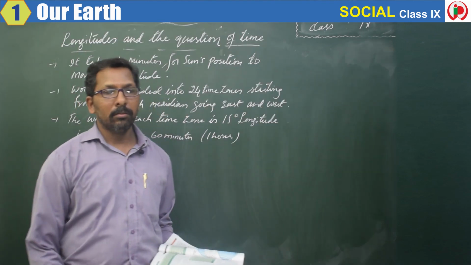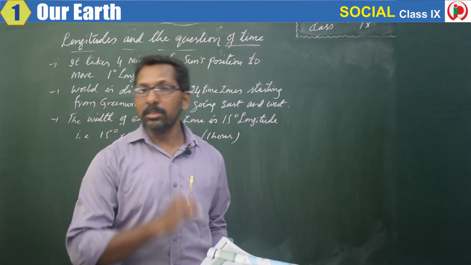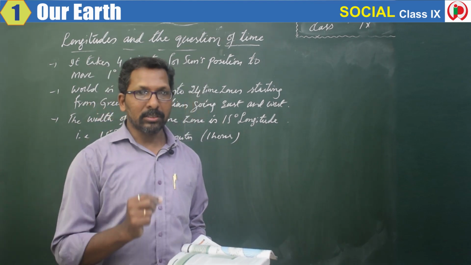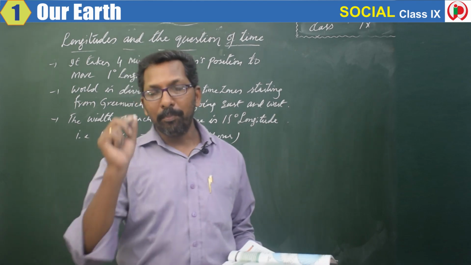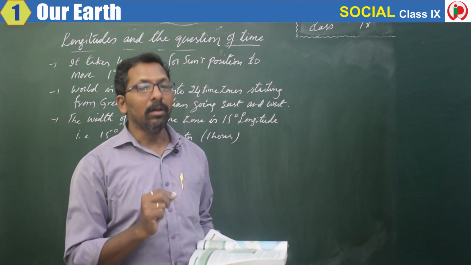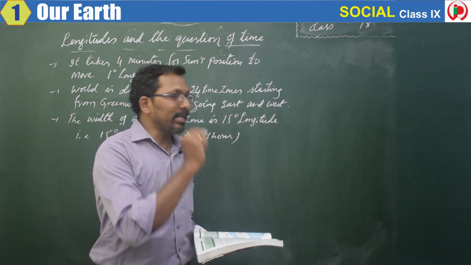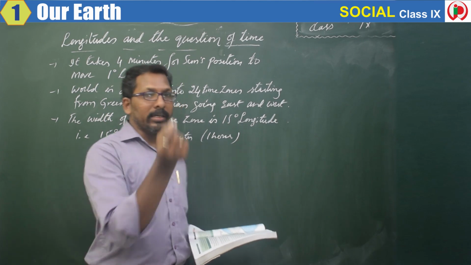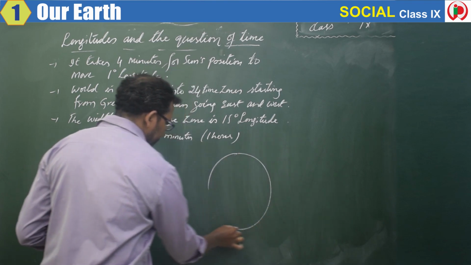So we have discussed the latitudes and longitudes and what their uses are. Now let us know how to find the time of places with the help of longitude. There are 180 degrees of longitude on the east and 180 degrees of longitude on the west. I'll draw the diagram over here.